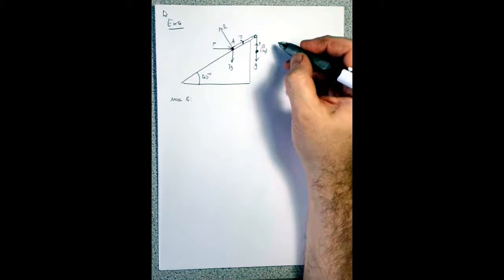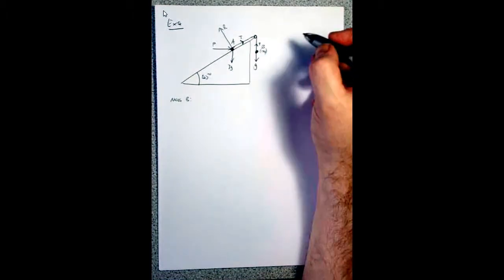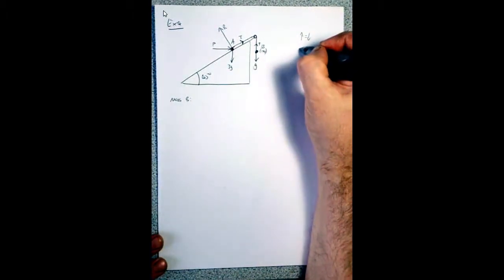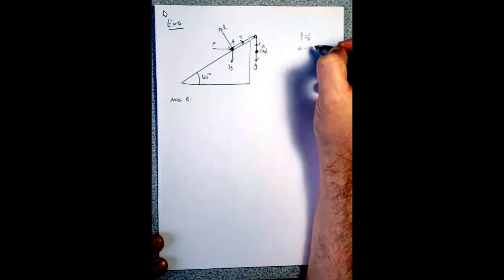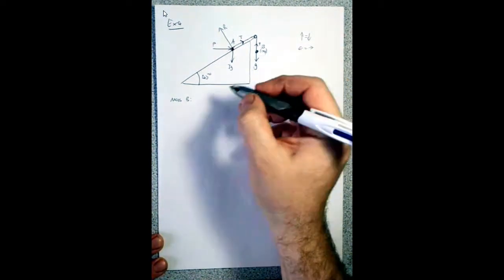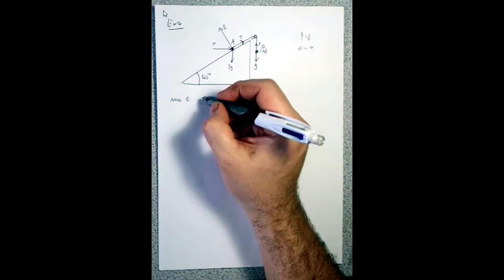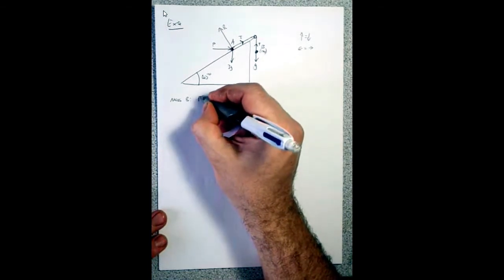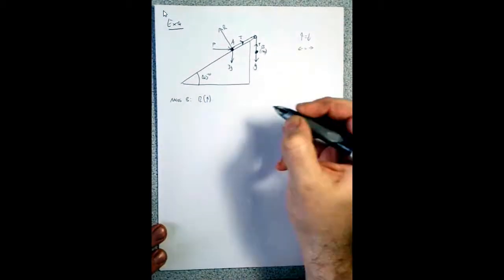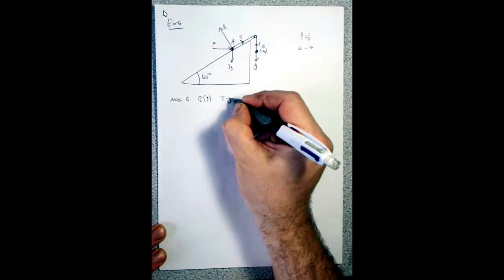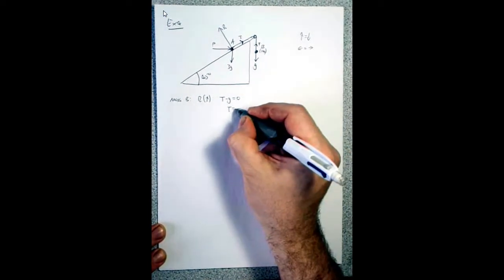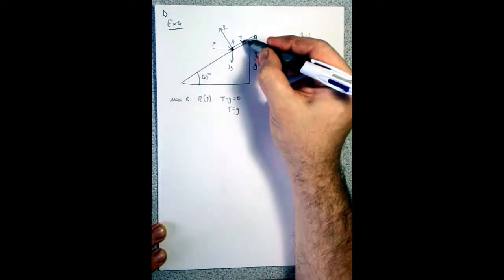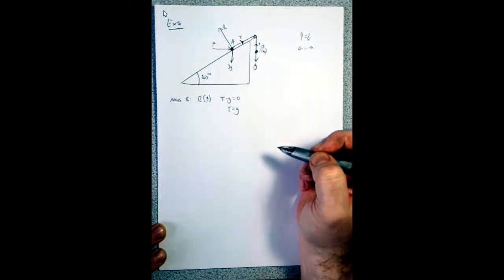Yeah, I'm in equilibrium. Equilibrium is important. That means up equals down, left equals right. So for mass B, I'm going to resolve vertically. That means T minus G equals 0. So T equals G. Remember that T and that T are the same.